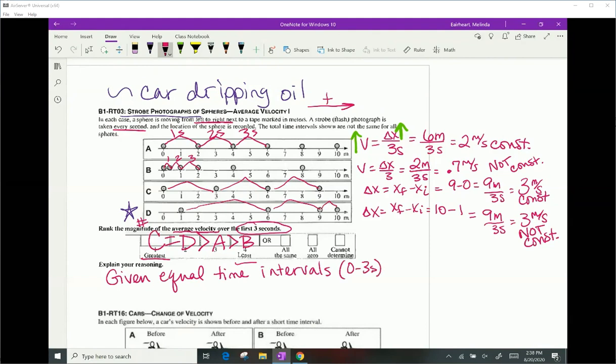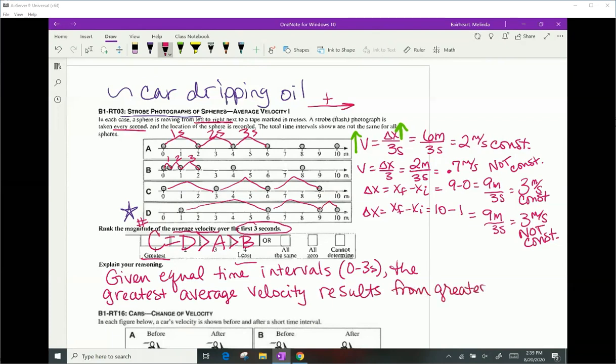That way your grader knows you know more than you might write. Given equal time intervals, the greatest average velocity results from the greatest displacement.